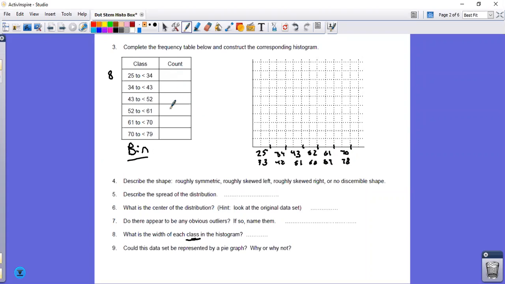So the numbers were 54, 58, 60, there also, 43, that group. And if it's 43, make sure you're paying attention to which one. This is less than 43.